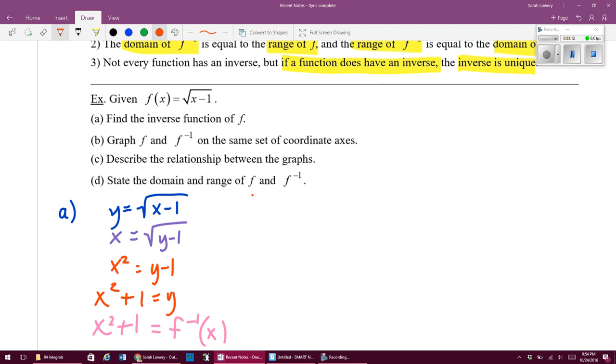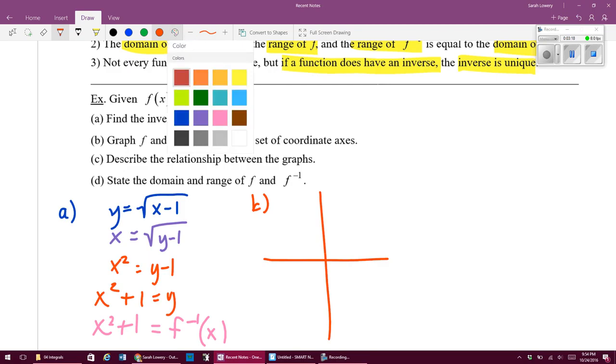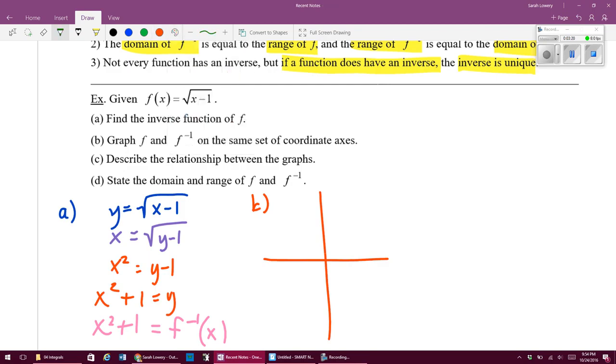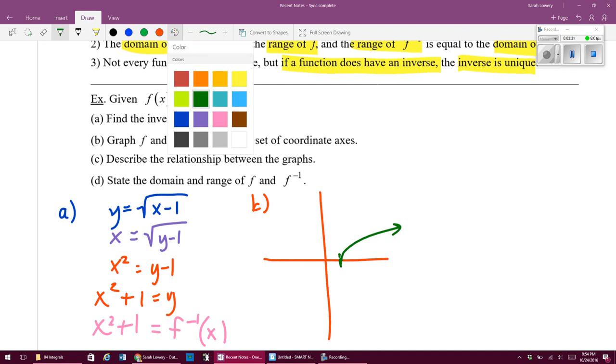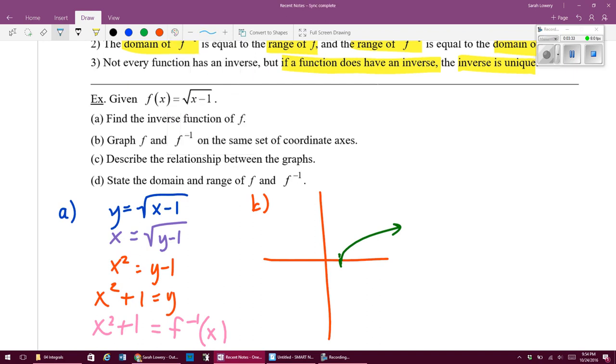Part B, we want to graph these two inverses on the same set of coordinate axes. Now, when we go to graph this square root function, you need to know that's a square root function shifted to the right 1 unit. So there's my square root function. Now the other one, you may be looking at it and going, hey, I'm just going to graph a parabola. But we're not just going to graph a parabola.